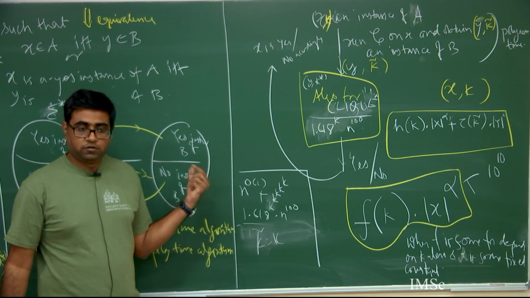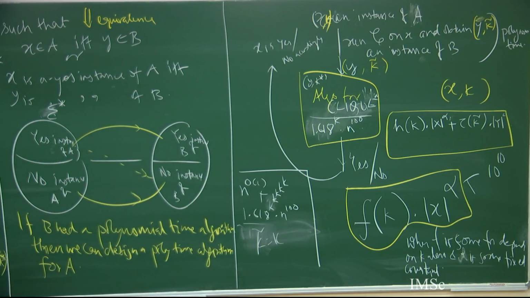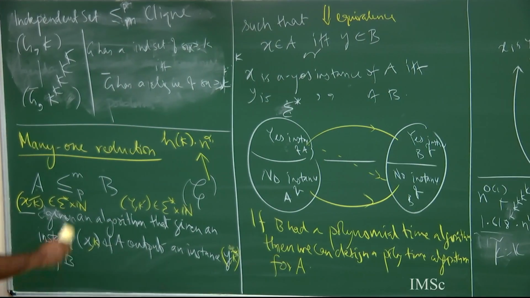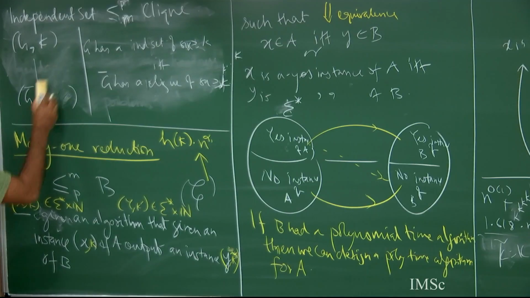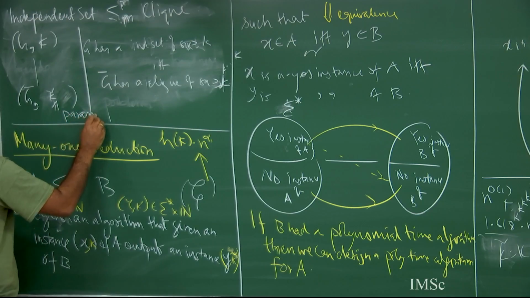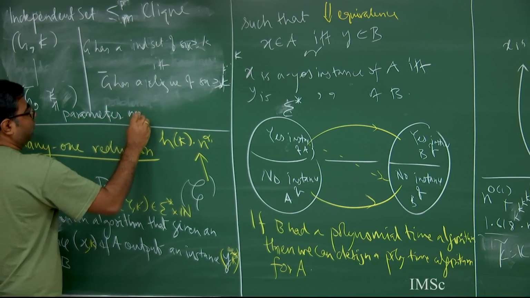So all we need to do is that although the running time allowed is FPT, we need to control the parameter, right? This k tilde parameter must be controlled.